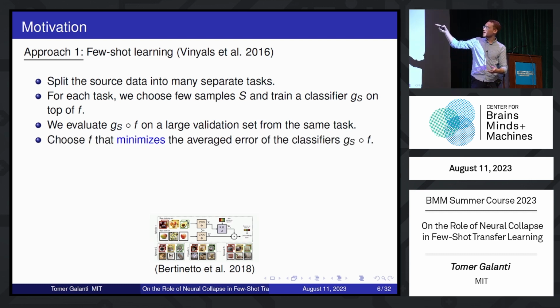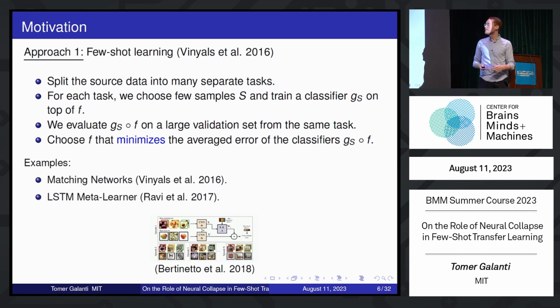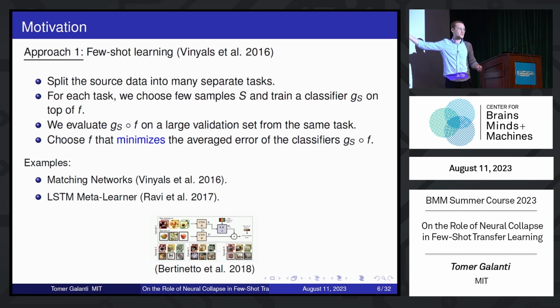Okay, so we choose F that minimizes the average error on the classification of new samples after adapting it with the small data set that we selected. Okay, so this idea goes all the way back to 2016 with matching networks.